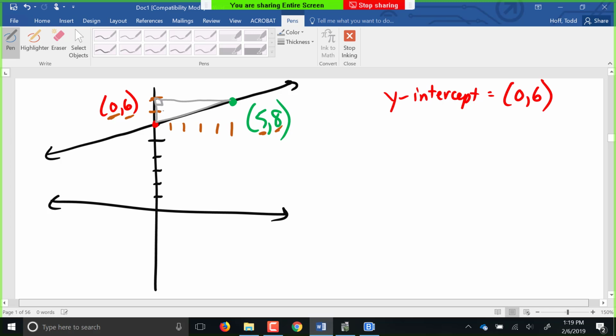Of course, it's a right triangle. And exactly, we would have to go up 2. That's a slope of a positive 2, and we would run 1, 2, 3, 4, 5. So it's a positive 2/5 slope, or just a 2/5 slope.